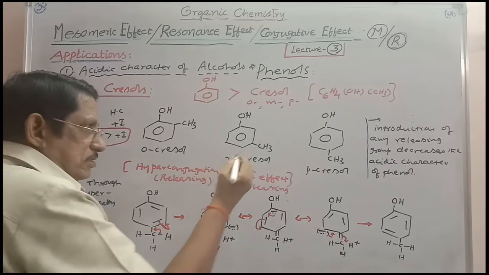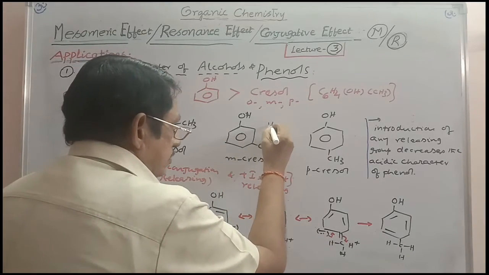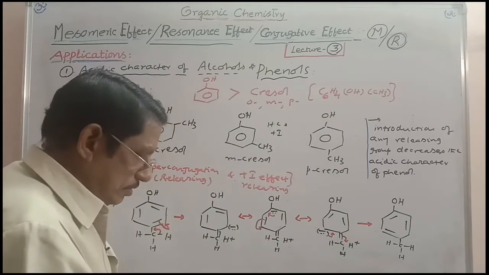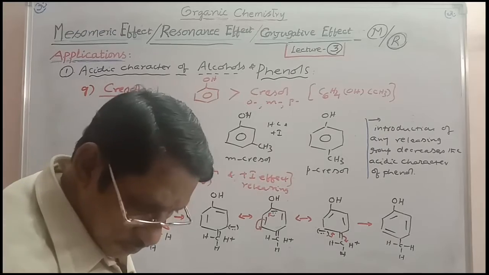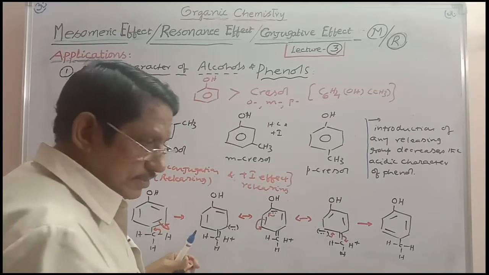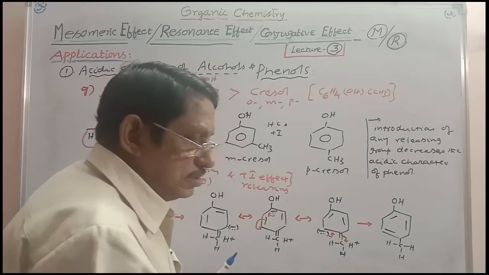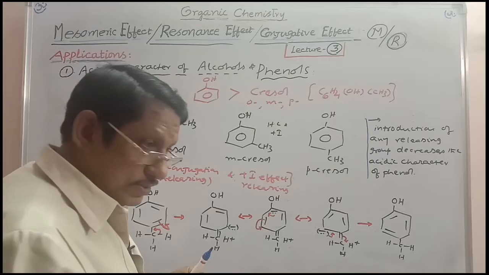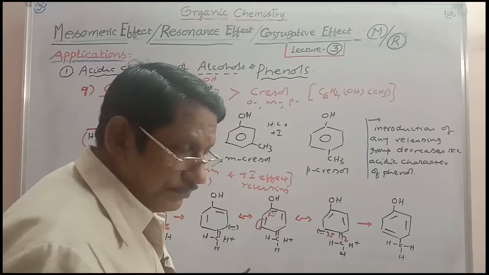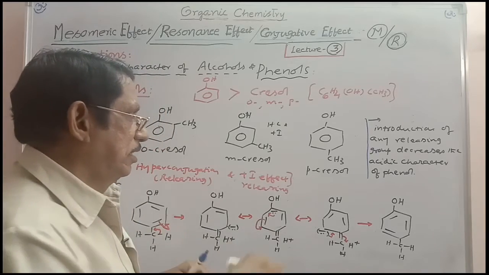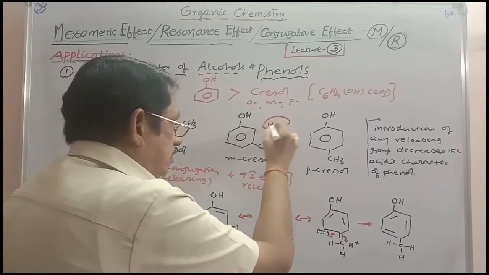In the case of metacresol, here also we are having HC and plus I. But one thing you have to recall, whenever a group is present at the meta position, whether it is mesomeric effect or whether it is hyperconjugation, whether it is releasing or withdrawing, through the meta position, the effect is not operative. And so here in this case, HC need not be considered.